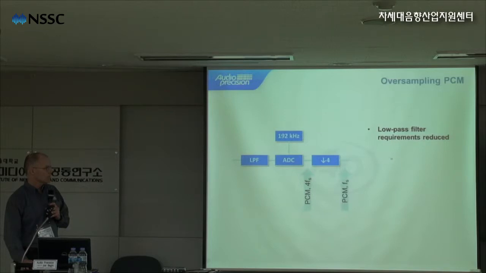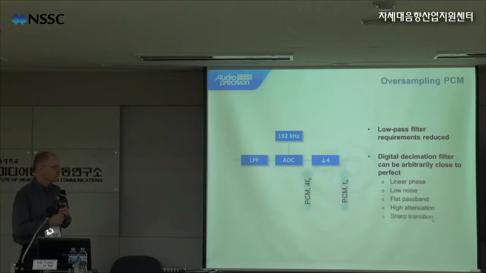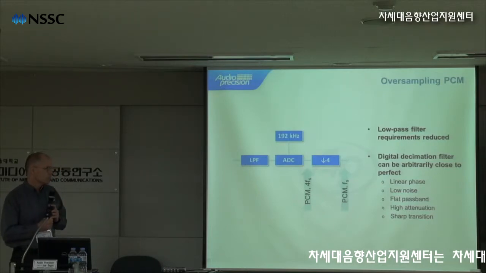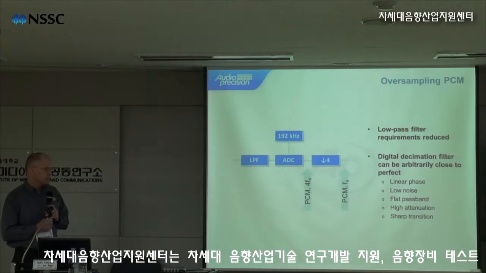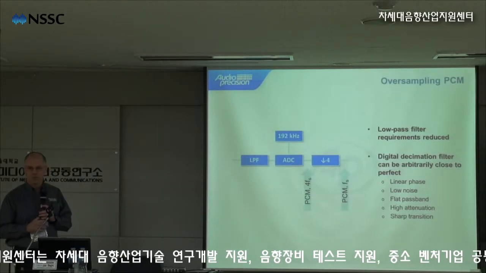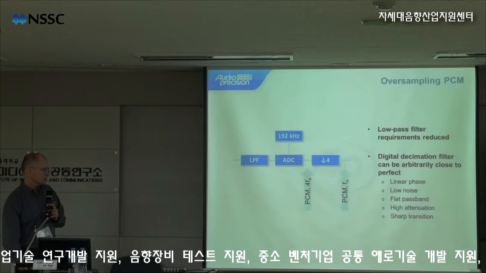So the requirements for the low-pass filter are reduced. And the digital decimation filter can be arbitrarily close to perfect. That's the advantage of these digital filters over analog filters. You can have linear phase, low noise, a very flat passband, high attenuation, and a very sharp transition between the passband and the stopband.